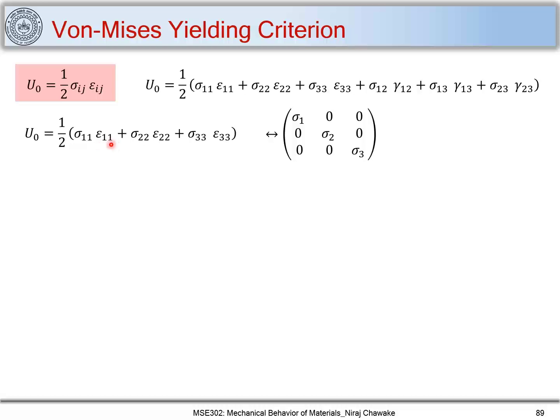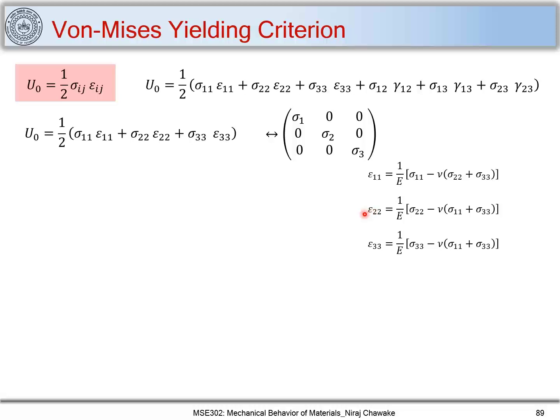Now we can write epsilon 11 using sigma 11. We have seen these relations: epsilon 11 is equal to 1 upon E [sigma 11 minus mu into sigma 22 plus sigma 33].